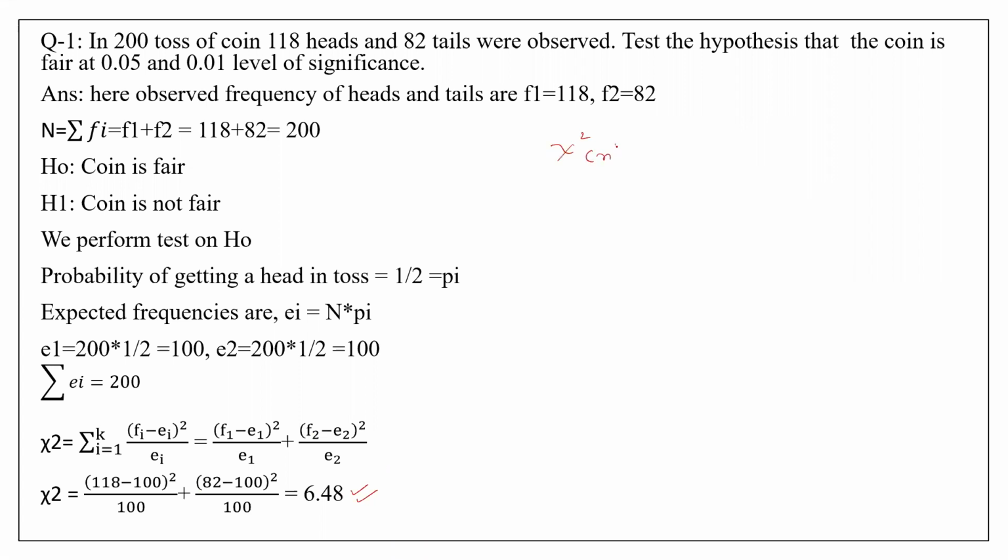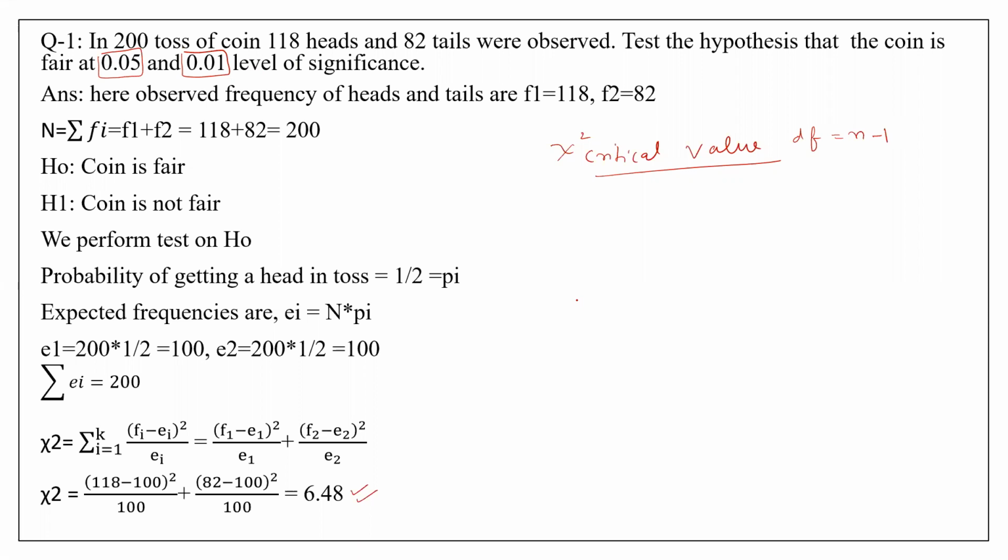So now I want to find the chi-square critical value. How to find the chi-square critical value? We have to test the hypothesis at 5%, and we have to test the hypothesis at 1% also. And degree of freedom is n minus 1.